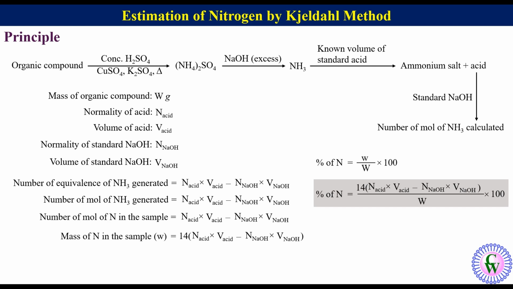In that case, we can use the following formula. Percentage of nitrogen is equal to 14 into N acid into V acid actual upon capital W into 100. One thing to be noted here is that the volume considered in calculation is always in liter.